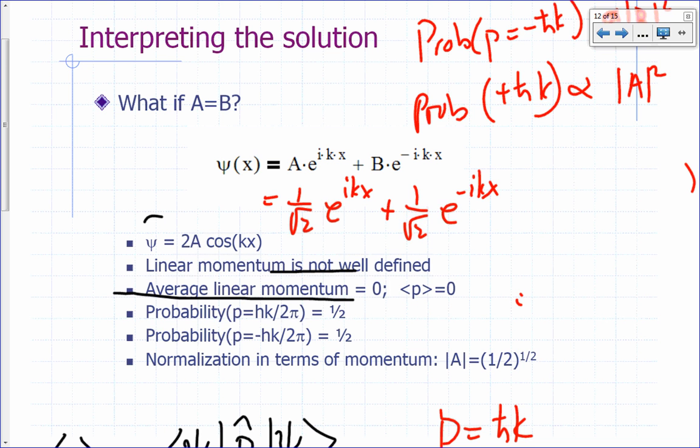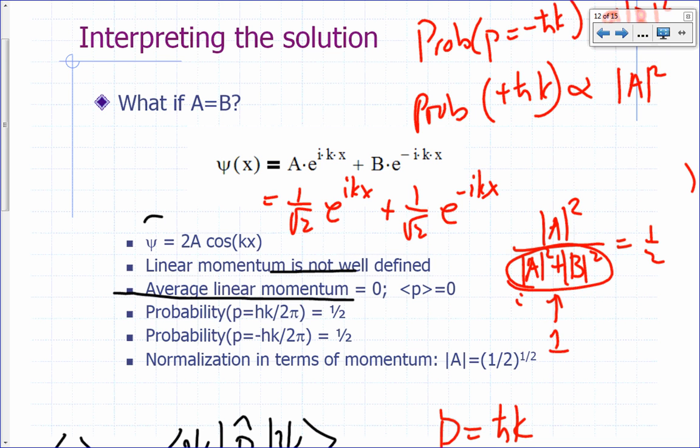We're going to say that a squared over a squared plus b squared must be equal to 1/2, and a squared plus b squared is 1. So a is 1 over square root of 2. If you square this, you get 1/2, and you square this, you get 50/50.